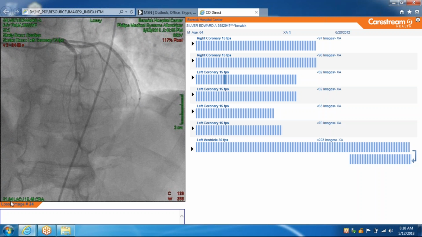Left anterior oblique, 21 degrees. So it's just on the left side. The camera is tilted 21 degrees to the left. And then you can see cranial, so it's tilted to the head, up towards the head at 15 degrees roughly.